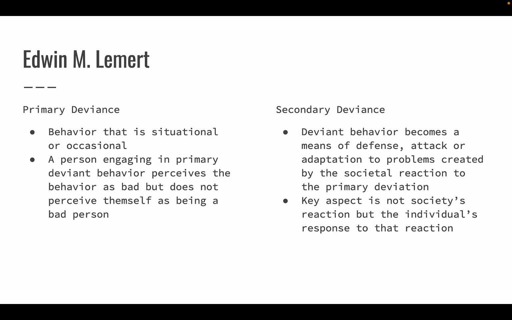So deviant behavior or social roles based on it can become a means of defense, attack, or adaptation to the overt and covert problems created by the societal reaction to primary deviation. A person engaging in secondary deviant behavior uses their behavior as a way to defend or adjust to the various problems related to the social reactions of this behavior.